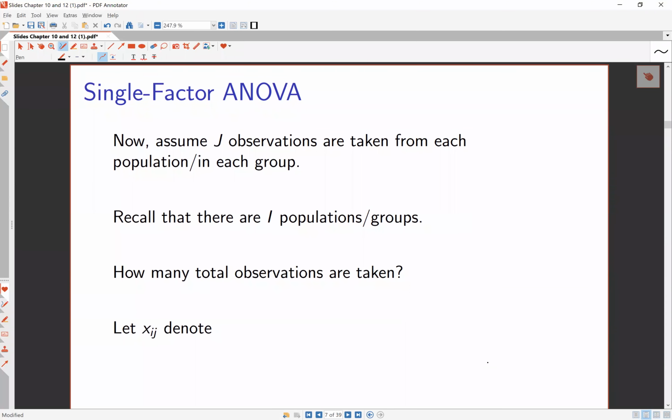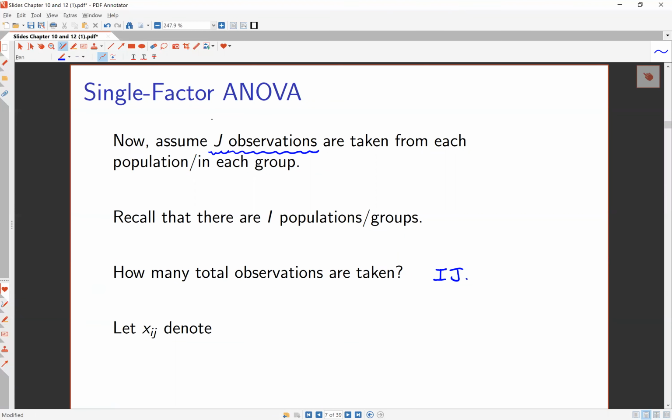Now we're going to keep things a little bit simple in that we're going to assume that we collect the same number of observations from each population or each group. So j observations from each of the I populations or groups, which means in total, we have I times j observations being taken.